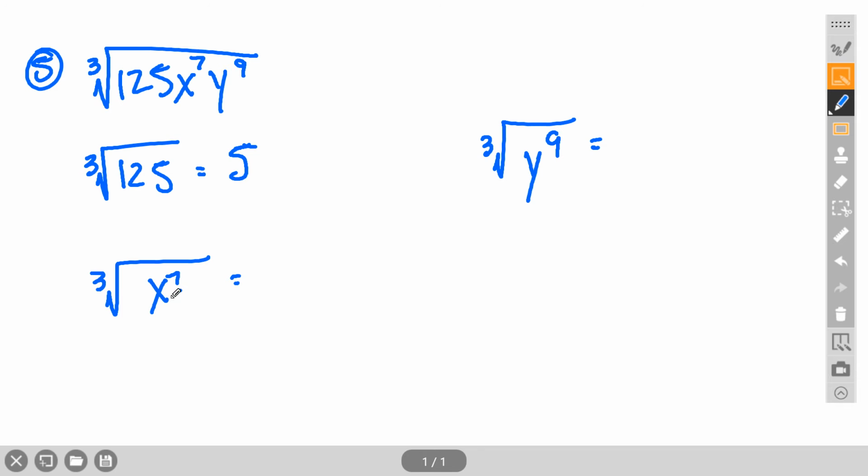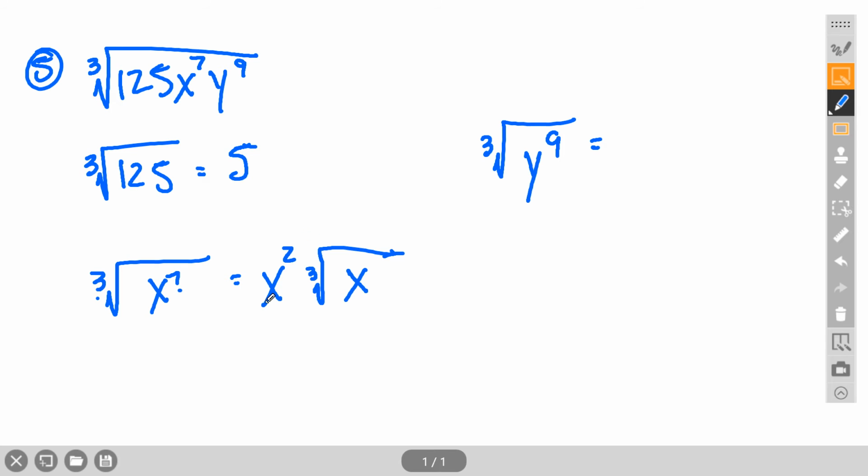The cubed root of x to the 7th. Now, if you divide the exponent by the index, 7 divided by 3, 3 goes into 7 2 times. So you can take 2 factors of x out of the radical. However, there is going to be a remainder. 3 goes into 7 2 times, but that only makes 6. We have a remainder of 1, so that means we still have a single x underneath the radical.